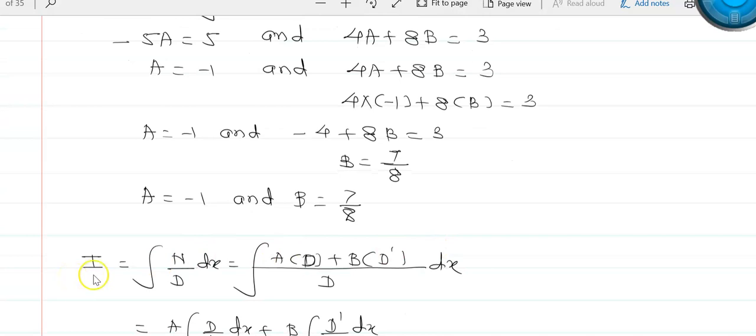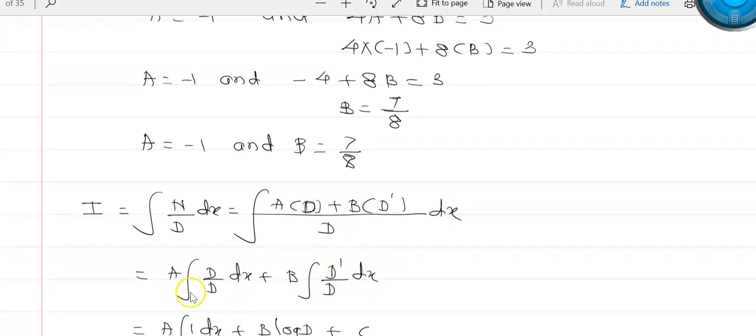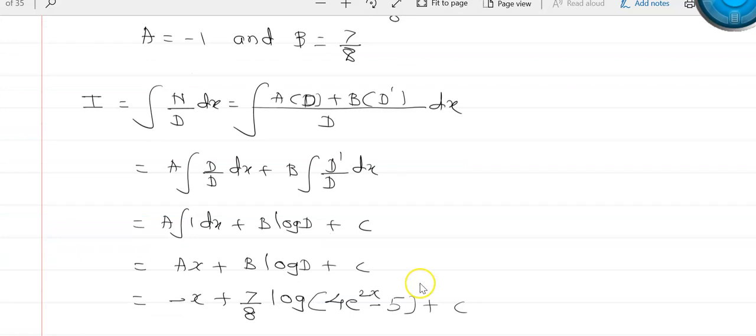Therefore, integral I is equal to integral of N upon D, numerator upon denominator. This is a very short form to write down. Integral of a into denominator plus b into derivative of the denominator, that is a D dash upon D. Separate it: a into integral D upon D dx plus b integral D dash upon D dx.